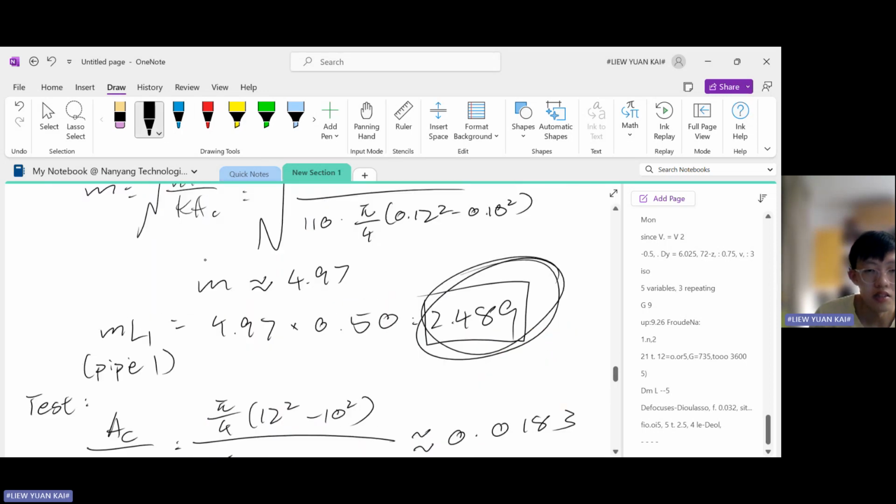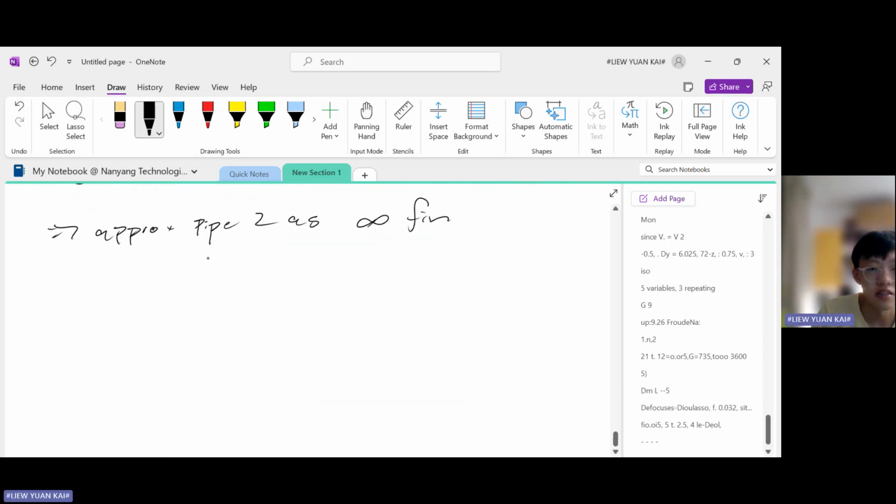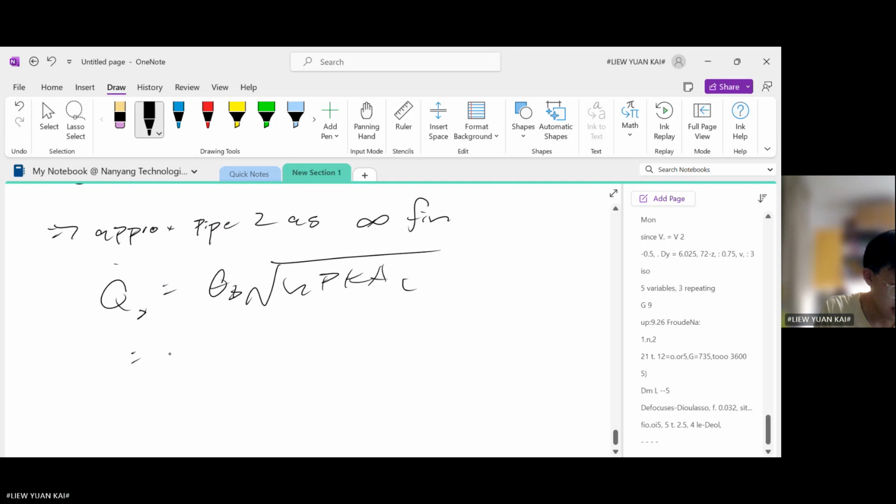Q2 is equal to theta B times the square root of HPKAC. Remember, theta B is a short form for TB minus T infinity, which is this.